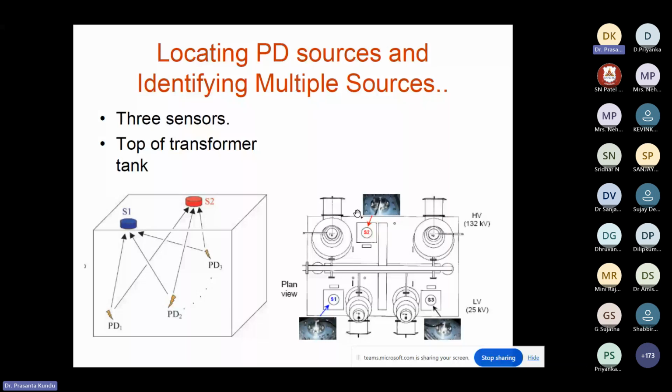So there are many source location and identification algorithms for multiple partial discharges, with different sensors placed. The basic idea to identify multiple PDs is independent component analysis. This technique is very popular in speech processing, and the same technique is adapted here for multiple partial discharge analysis.